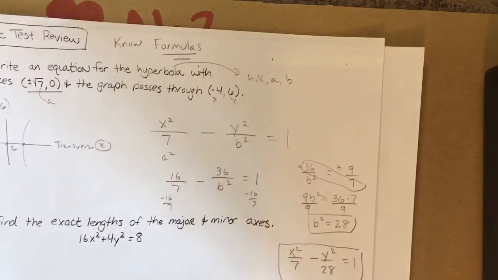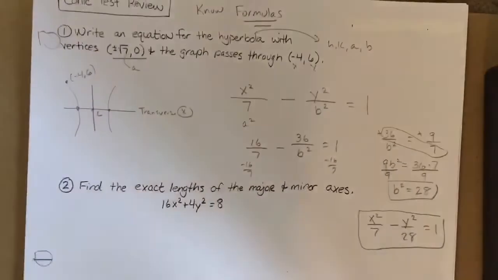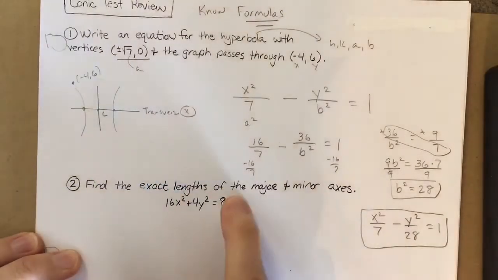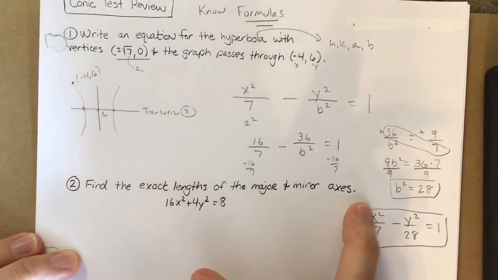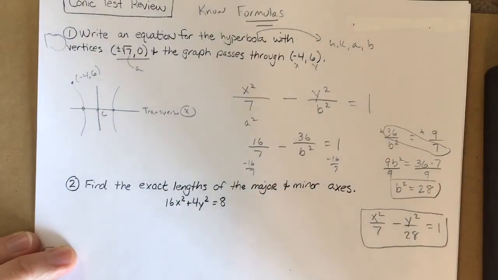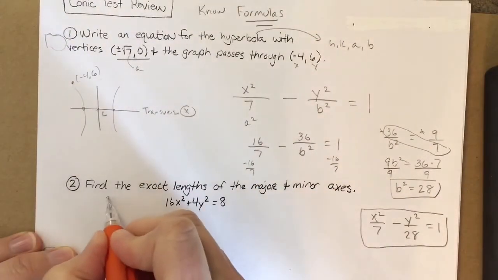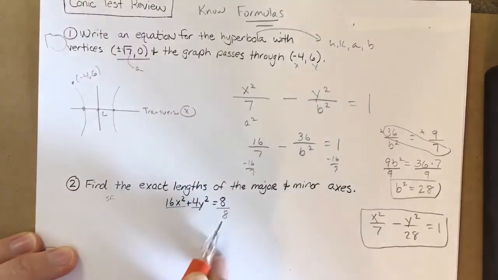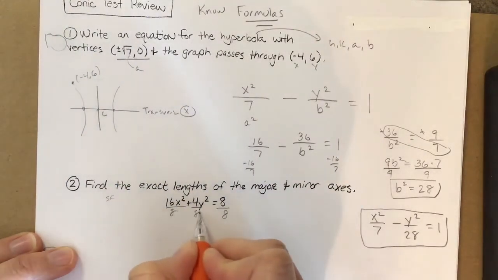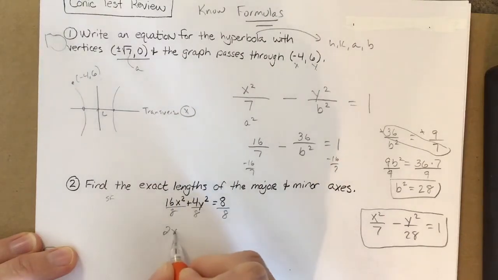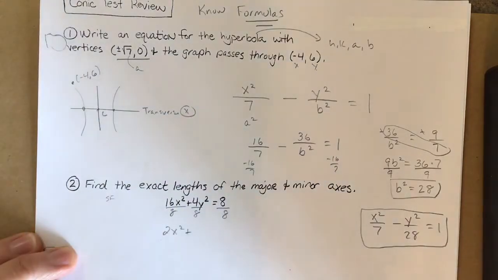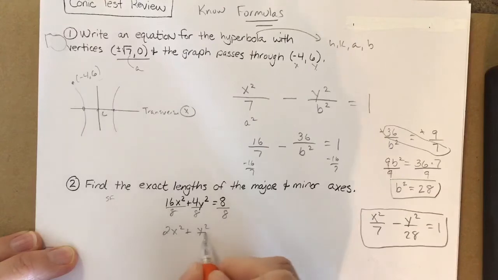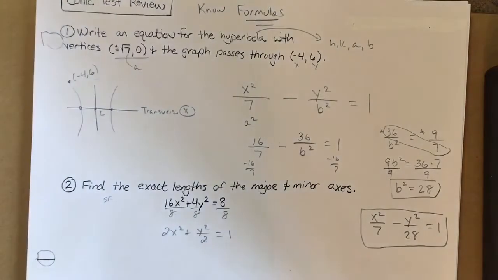Couple more, actually 2 more. Find the exact lengths of the major and the minor axes. First, I gotta put this in standard form. Divide by what? Well, I want this to be 1. So I get 2x squared plus y squared over 2 equals 1.